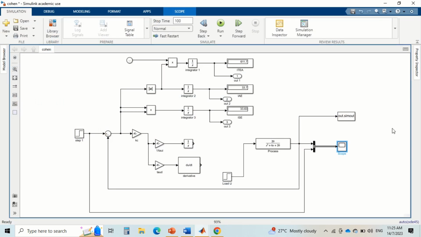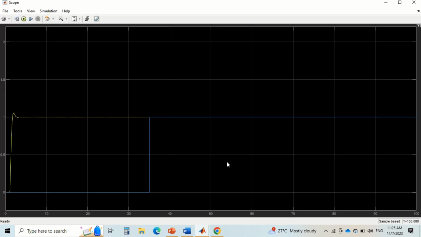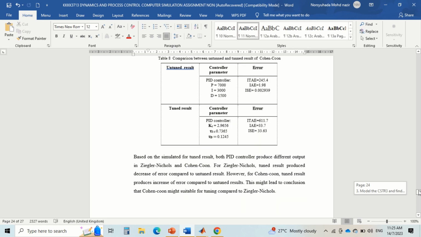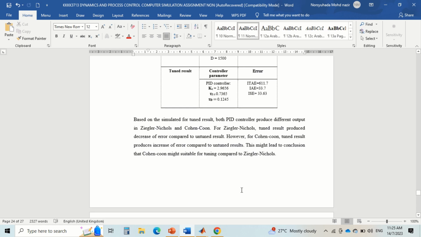The Cohen-Kuhn is this graph, and now, based on the simulated tune result, both PID controllers produce different output in Ziegler-Nichols and Cohen-Kuhn.